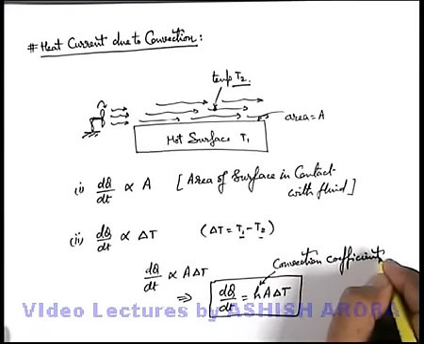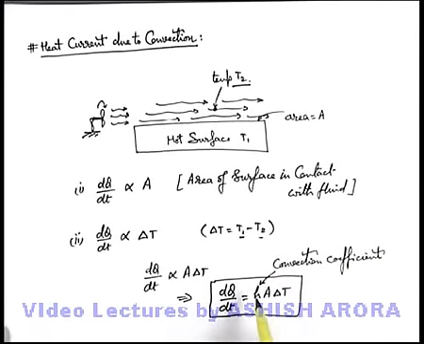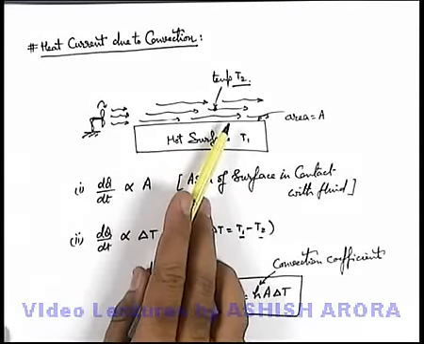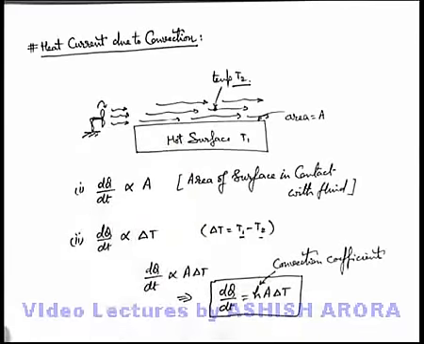So here we can state the rate at which heat is extracted from the surface in case of moving fluid in its contact is given as HA delta T, which is directly proportional to area of surface in contact and the difference in temperature of surface and the fluid body.